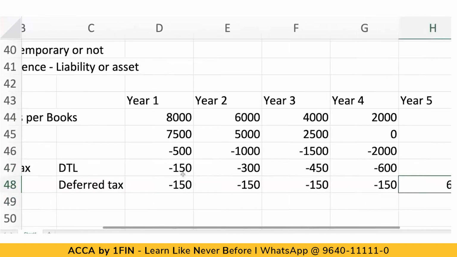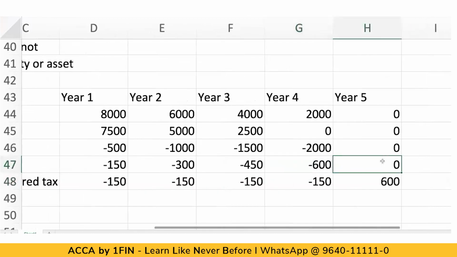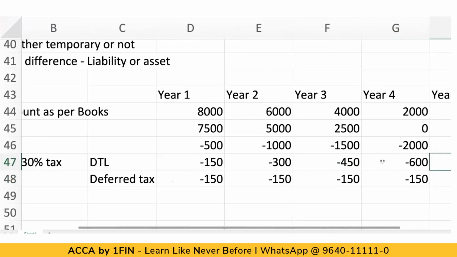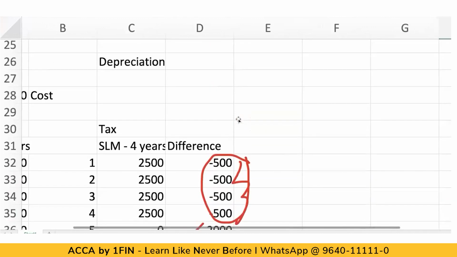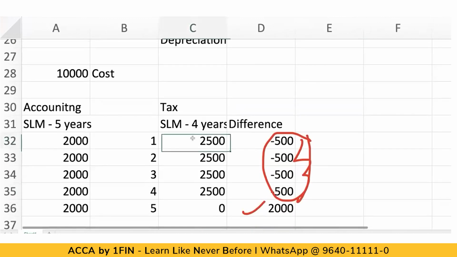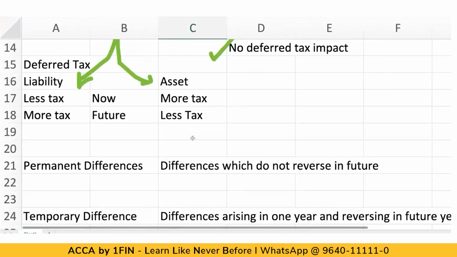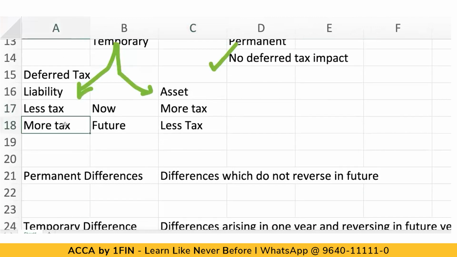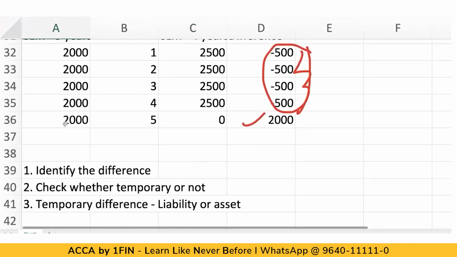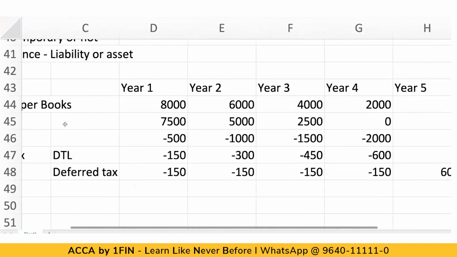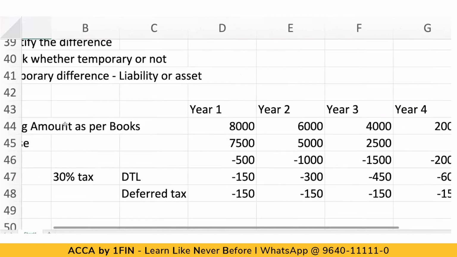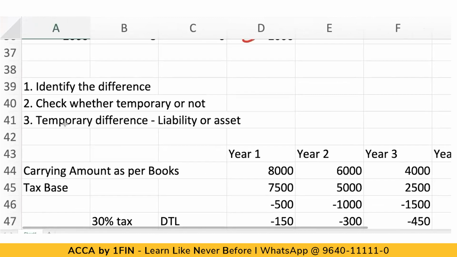So you have DTL for 4 years. In the 5th year, DTL becomes 0. You reverse the deferred tax liability amount. Right. Now, if you come back and check here, you are getting more depreciation in tax. When you get more depreciation in tax, you pay less tax now and more tax in the future. And that is how you calculate deferred tax liability. So for assets, just remember tax base minus carrying amount.